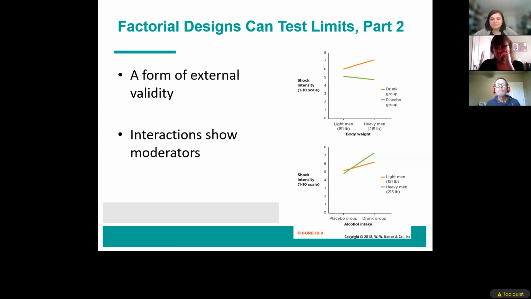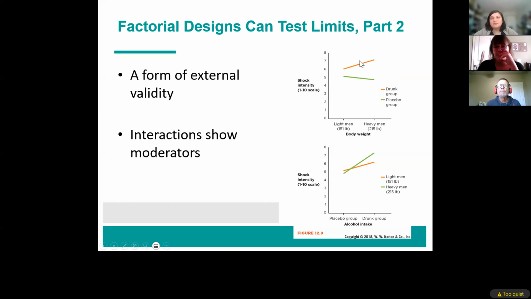Between weight. Okay. Between weight and how intense the shock they give us. Close. So there's an interaction between weight and whether they're in the drunk or placebo group on shock intensity. So when you talk about the interactions, it's always the independent variables on the dependent variable.